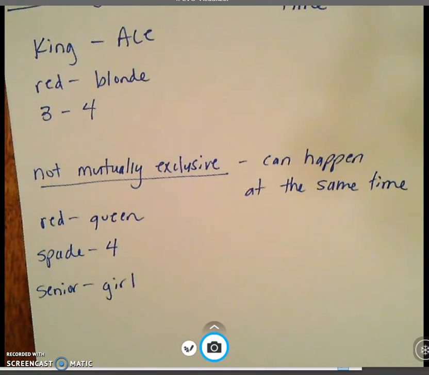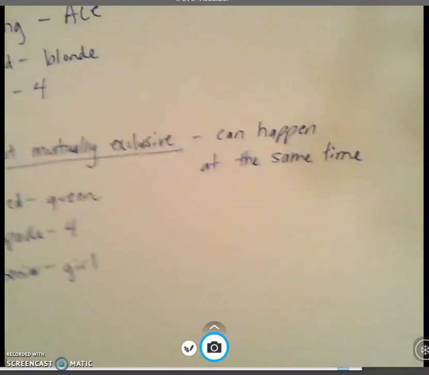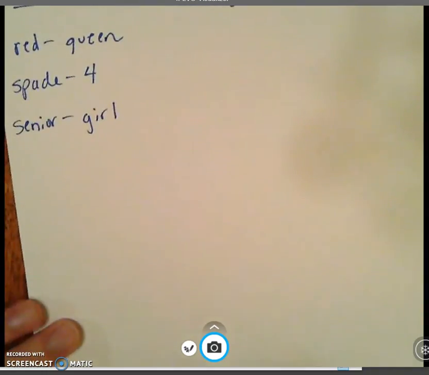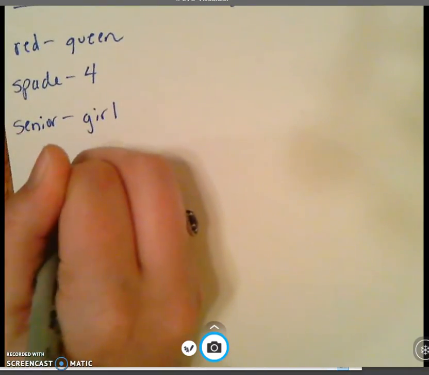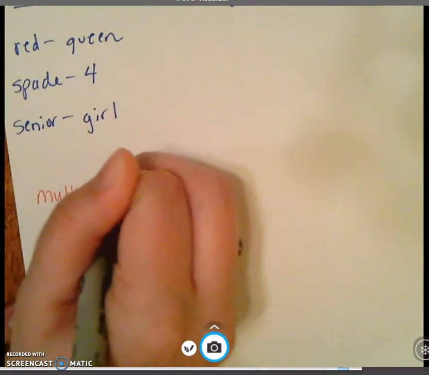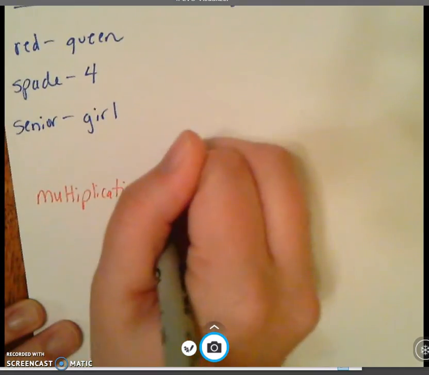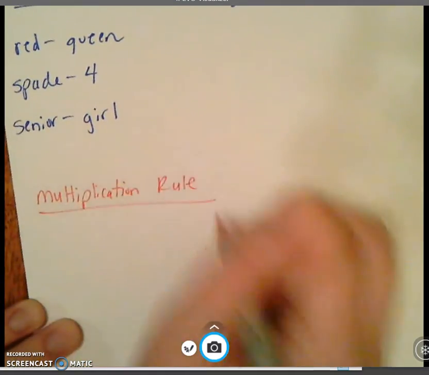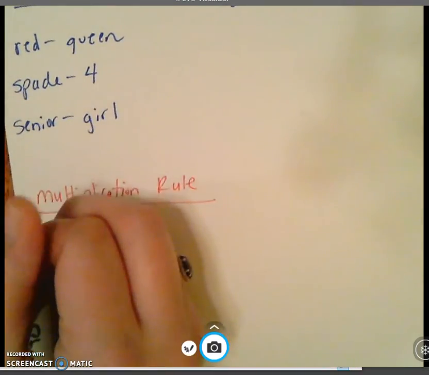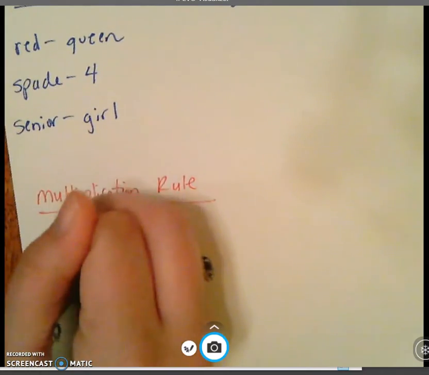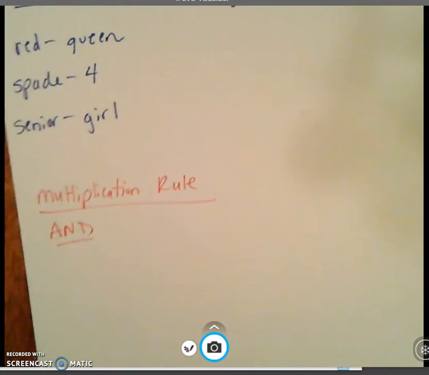Now, your 2 rules that we're talking about are the addition rule and the multiplication rule. Multiplication rule is super simple. Multiplication rule just says anytime you see and, if I want something and something else to happen, I'm going to multiply.